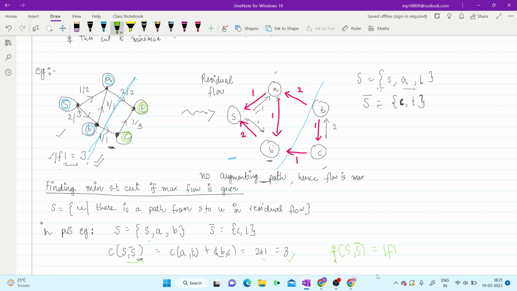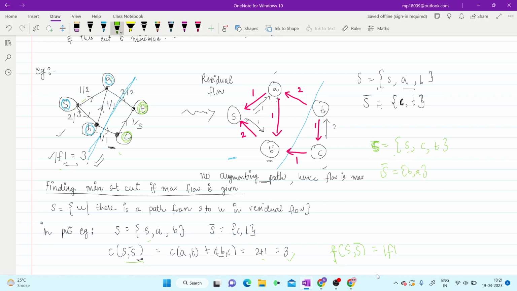Okay, so you are saying take S to be this and T to be basically S, C, T. See, if you have to give me a cut, you have to give me two disjoint sets. So if you want to consider these two edges, that means you are taking S, C, T in one set and B, A in the other, right?